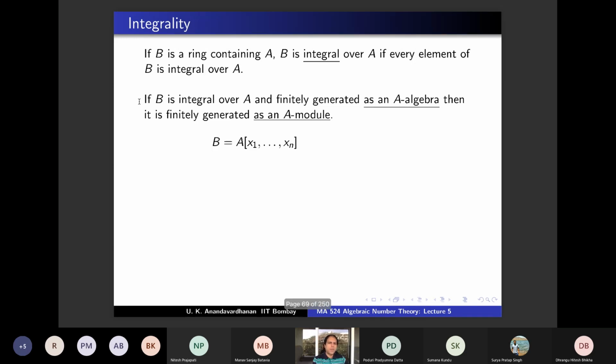So let's see the proof. B is finitely generated as an A algebra means there exist elements in B, x1, x2, etc., xn such that B is A[x1, x2, etc., xn]. So this will have all polynomial expressions: summation over some multi-index of x1 to the power i1, x2 to the power i2, etc., xn to the power in.